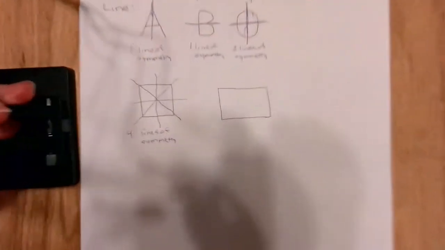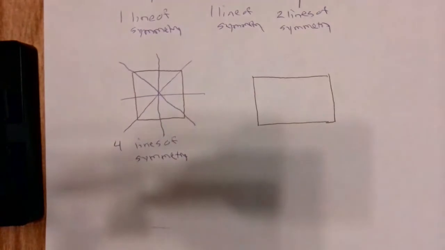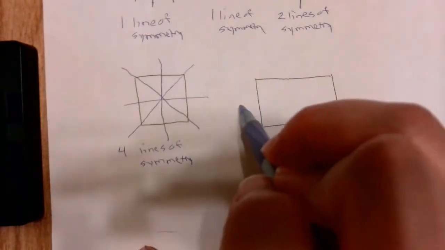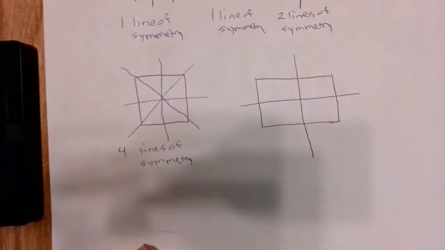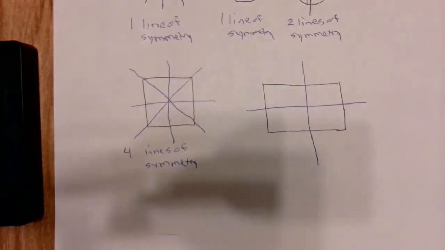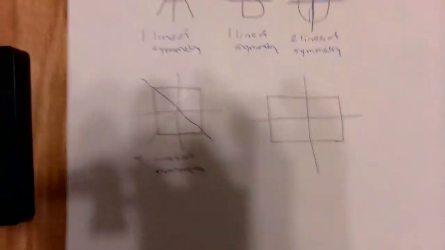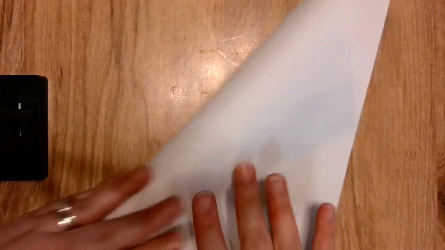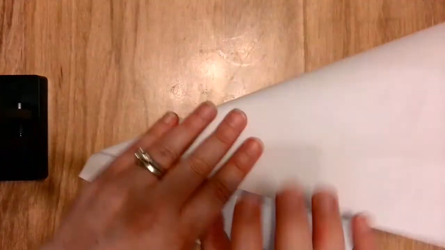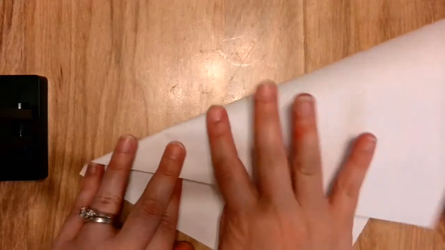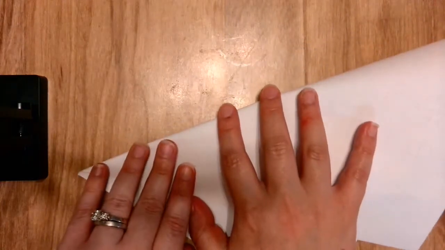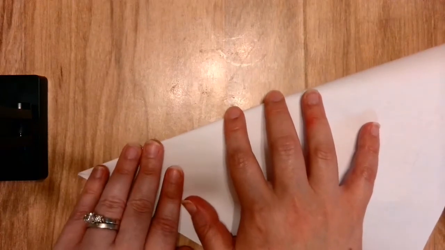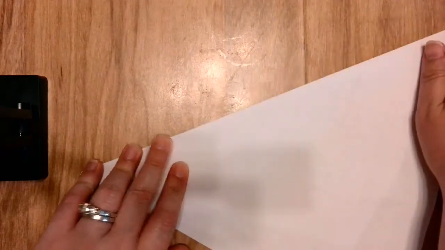You can fold that rectangle one way or the other. Why don't teachers typically have you fold the paper along the diagonals? Have you ever tried that before? What happens when you fold it along the diagonal? Here you go. Folding along the diagonal. First of all, it's a little bit harder to fold. And it's not going to be perfect by any means.